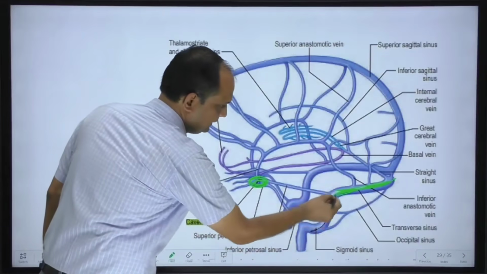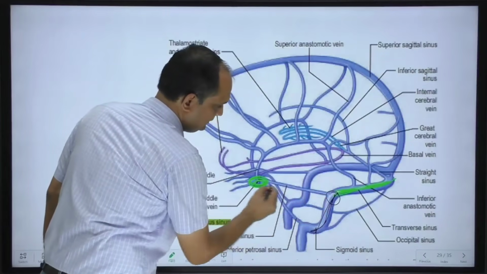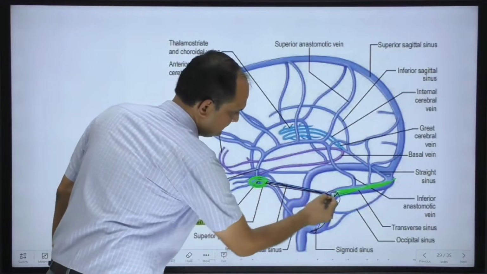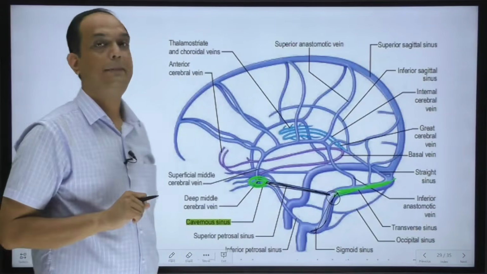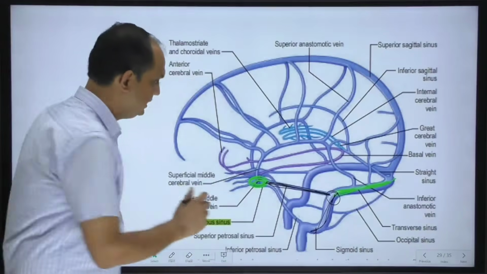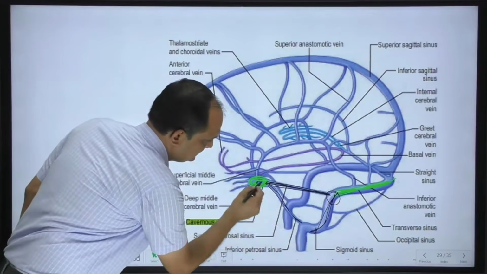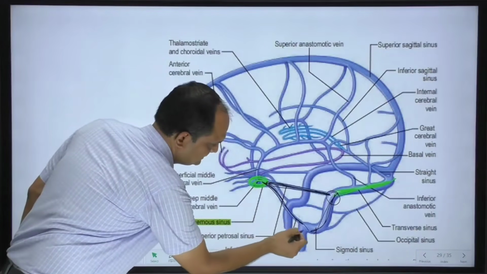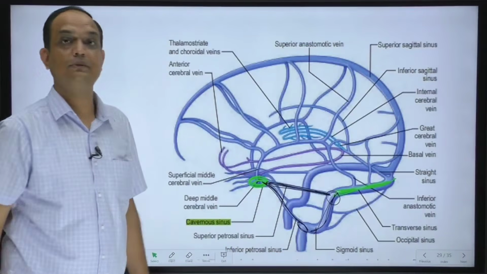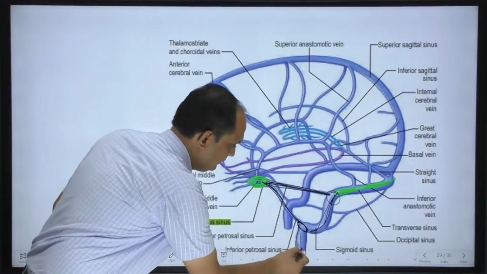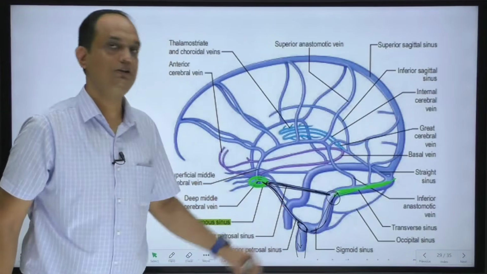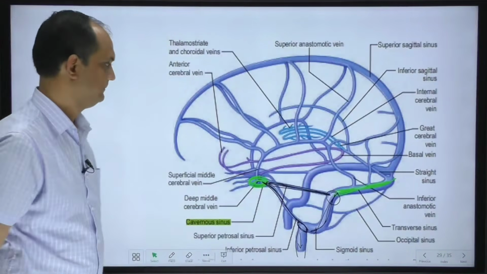So this is the sigmoid sinus. At this junction you are receiving this connection, and this connection is known as your superior petrosal sinus, while this is the inferior petrosal sinus, and this inferior petrosal sinus enters at the commencement of your internal jugular vein that runs downward, which is a major draining channel of the cavernous sinus.